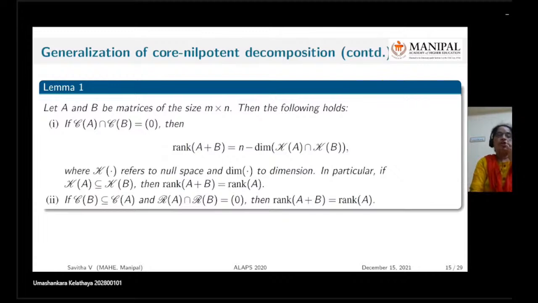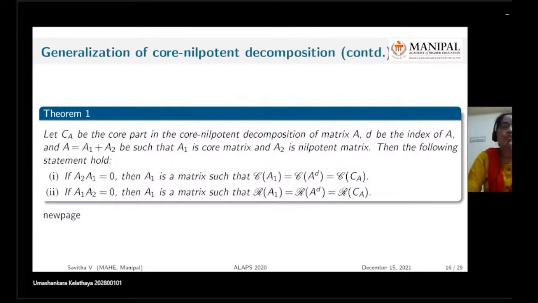First, if the column space of A and the column space of B are disjoint, then rank A plus B equals n minus the dimension of the null space of A intersection the null space of B. In particular, if the null space of A is a subspace of the null space of B, then rank A plus B equals rank A. The second one: if the column space of B is a subspace of the column space of A and the row space of B and the row space of A are disjoint, then rank A plus B equals rank A.